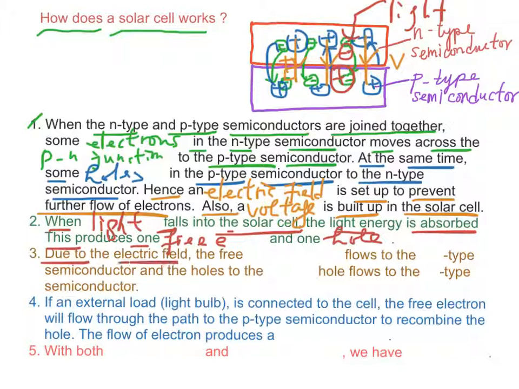And due to the electric field, the free electrons will float to the N-type semiconductor, and the holes will float to the P-type semiconductor.